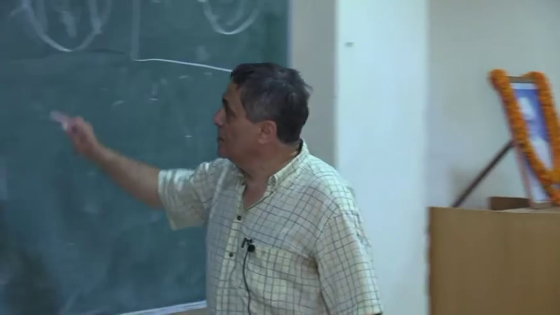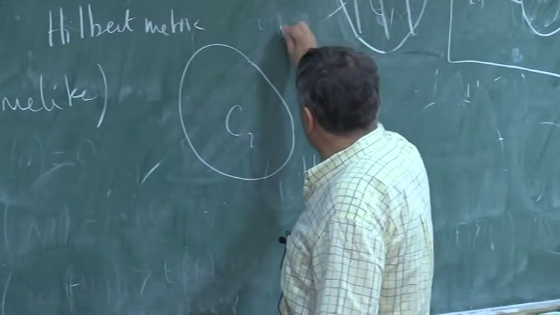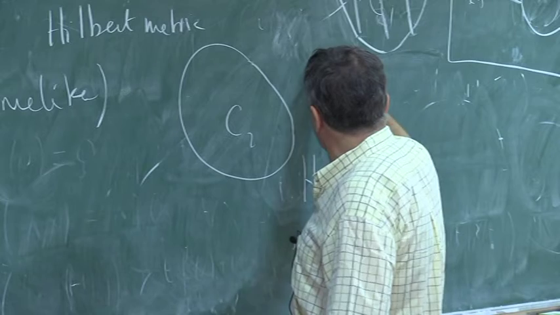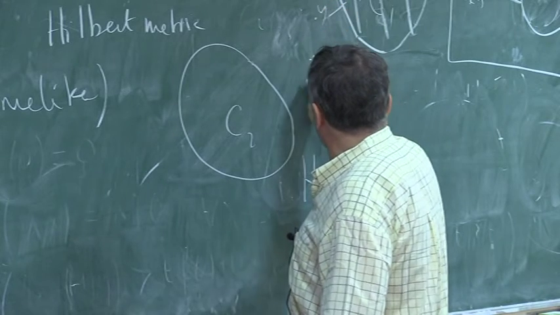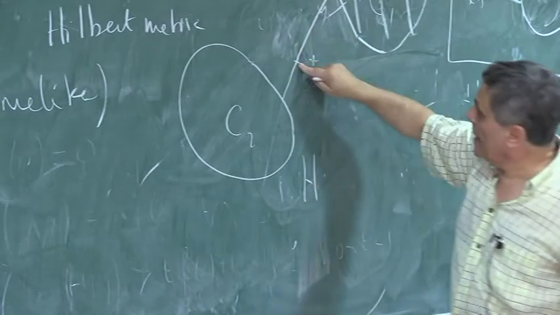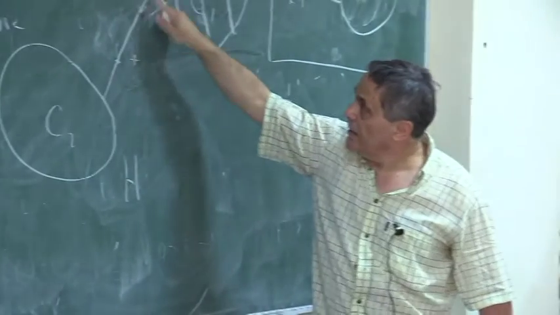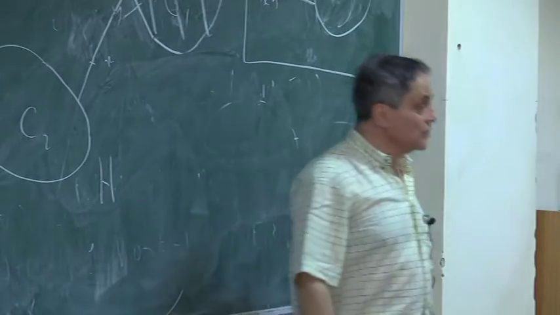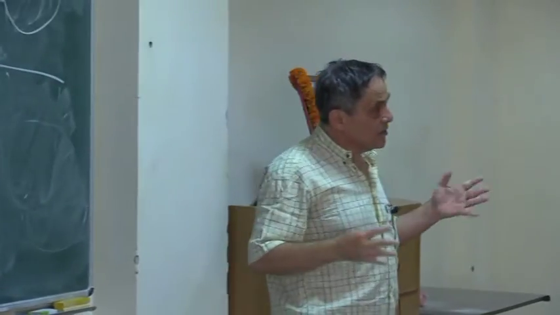And then you want to define a distance, only on pairs x and y, such that the line from x to y hits C1, and the line from y to x hits C2, which is the past.